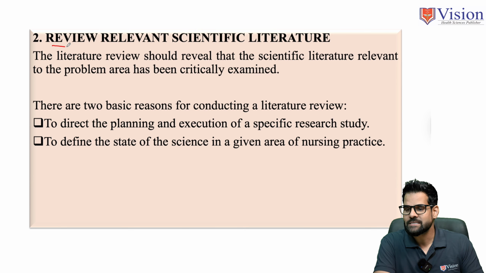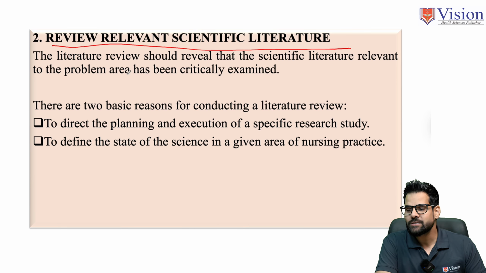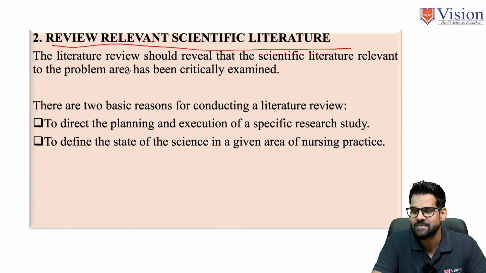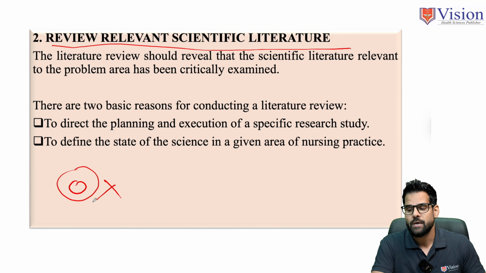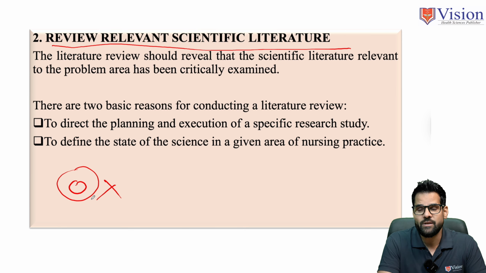Once you do that, the second step here is to review relevant scientific literature, because the literature review should reveal that the scientific literature relevant to the problem area has been critically examined. Because it is not something you should start from zero. Whatever difficulty you are experiencing, whatever problem you are interested in, some people might have done work on that.